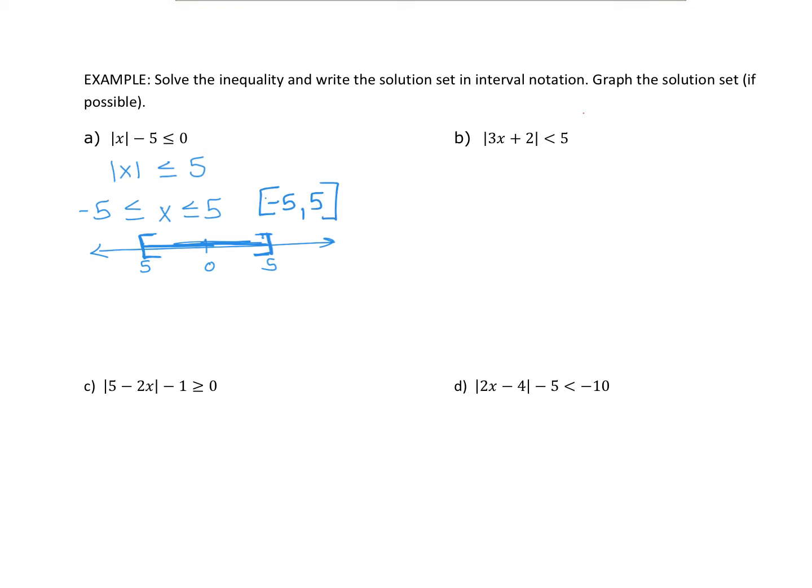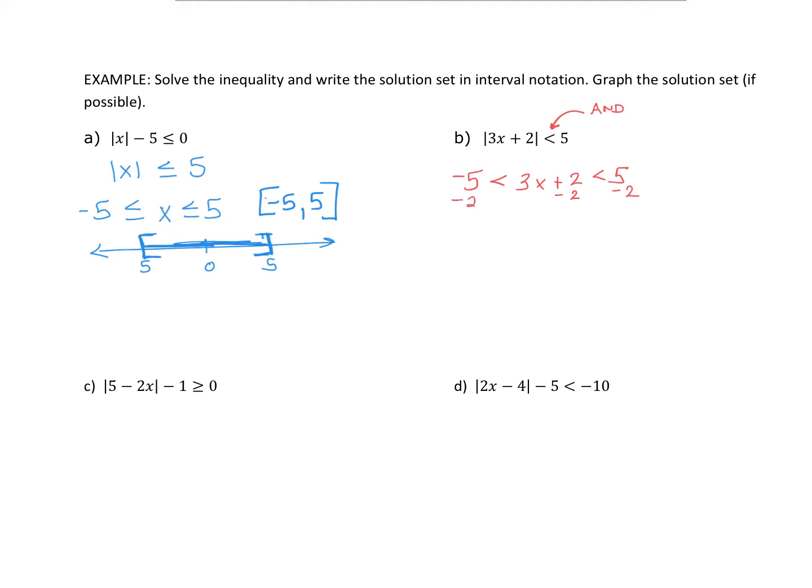In this next example, part B, we also have a less than, so this is an and statement and can be written as a chain. So I basically just drop my absolute value symbols and I sandwich it between 5 and -5. And then when I'm working with a chain of inequalities, that's like an equation.